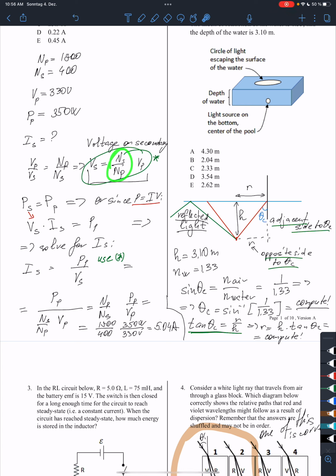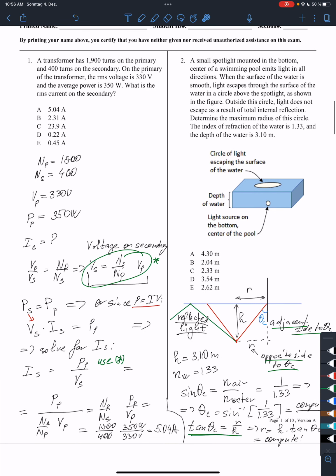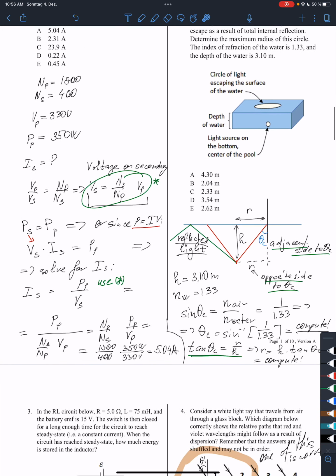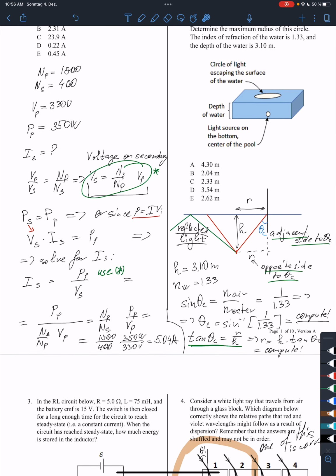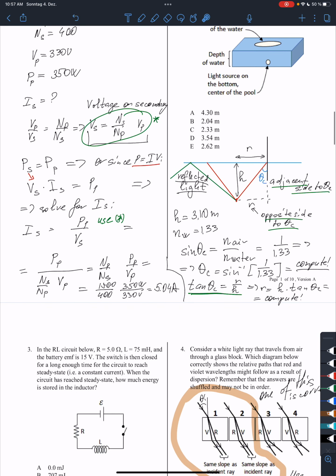We'll get this equation, and this will give us the voltage in the secondary. We are given the RMS voltages everywhere and the average power, and therefore we don't need to convert anything like the peak to RMS or something like that. We'll be just dealing with RMS voltages, RMS currents, and average powers here only.